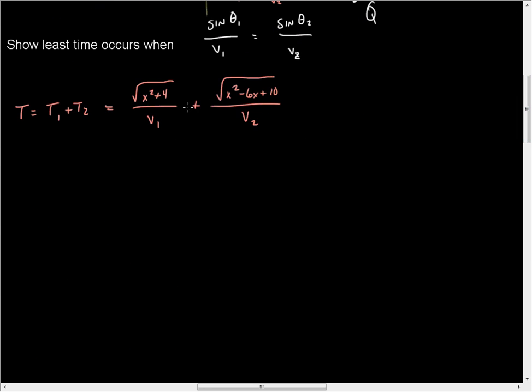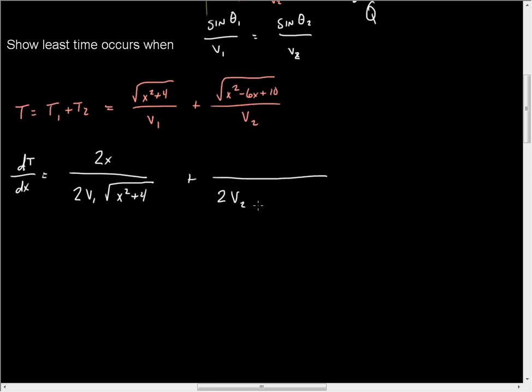All right, so now proceeding along here, we are going to take the derivative with respect to x. Now we have to take the derivative of this, which is going to be 1/2, and so our v1 comes down, and then our root comes underneath, times the derivative of what's inside the root, which is 2x, plus, do the same thing here. There's a 2 that comes down for the 1/2, this is for the power rule. The root comes underneath, this is also for the power rule. But we take the derivative of what's inside, and that's 2x minus 6 goes on top.